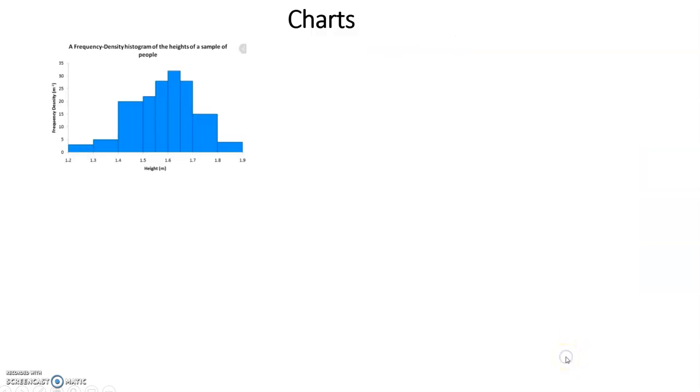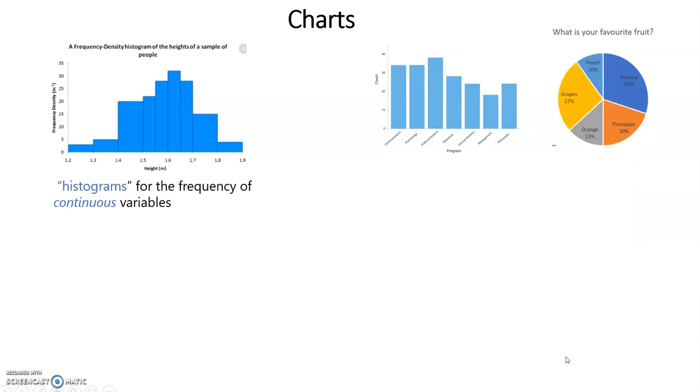I will talk about charts. The histogram is used for the continuous variables. So one continuous variable is on the x-axis, and the y-axis shows the frequency. And for the categorical variables, you can provide the pie chart and the bar chart.